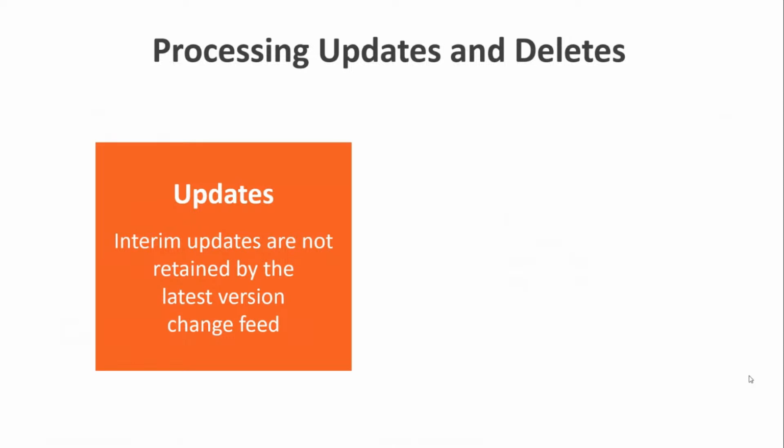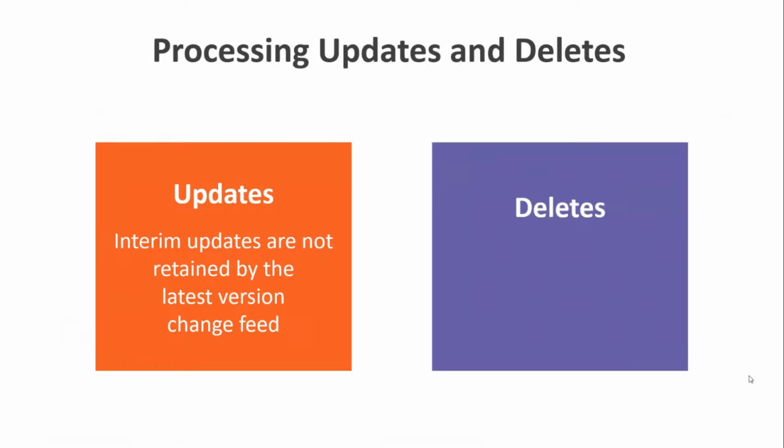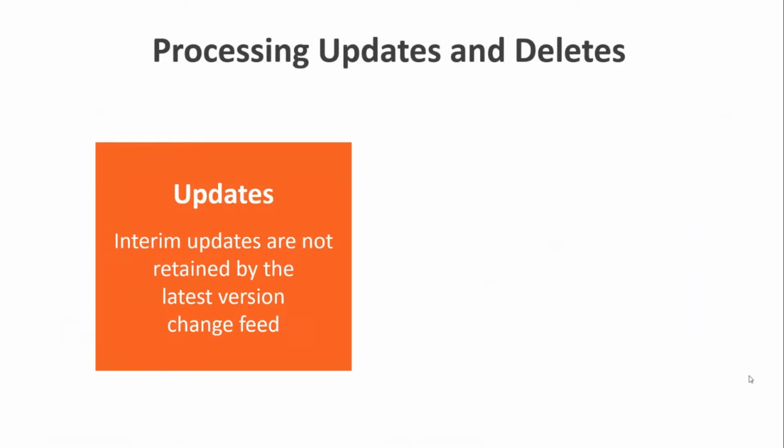Basically, if you update the same document multiple times, the change feed will only persist the most recent version of that document. Now, for our replication scenario, that is not a problem. If we ever needed to blow away our replica container and rebuild it by replaying the change feed, we would only need the latest version of an update, right? So it's fine, but in other scenarios, that could be a consideration.